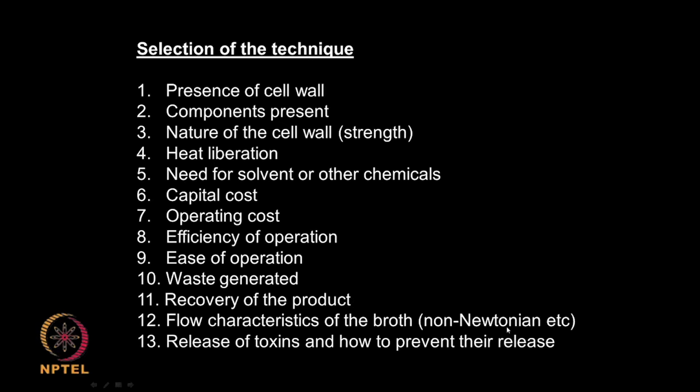That means it could attain a certain viscosity, which may be difficult to process. So, I need to understand that. Am I releasing toxins when I am doing the cell disruption? If I am releasing toxins, then the intracellular product may get denatured because of the toxin. So, you decide based on all these various criteria.